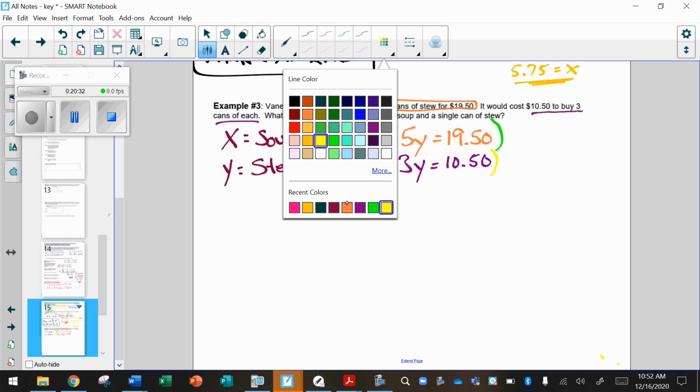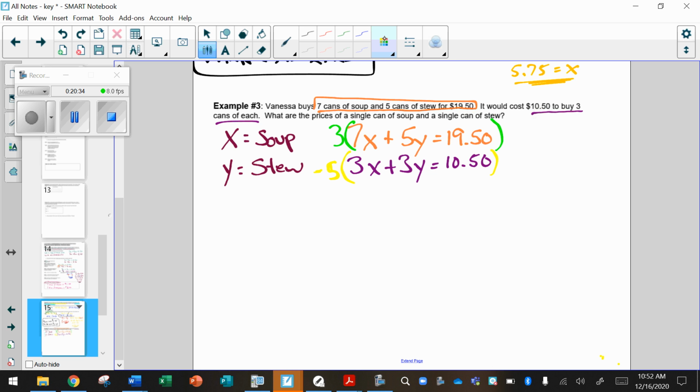All right, so let's do some distributing and rewrite our equations. So 3 times 7x is 21x. 3 times 5y is 15y. And then you might need to jump to your calculator on this one. 3 times $19.50, 19.5, is 58.5.